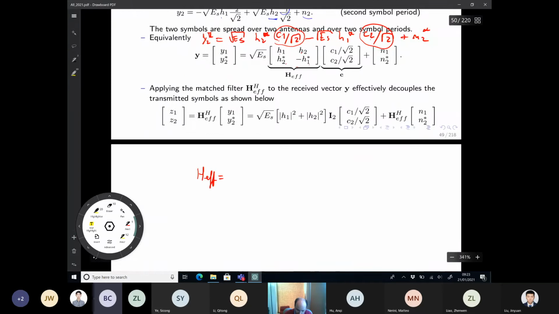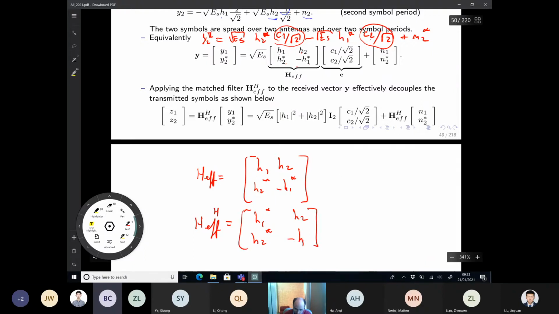H effective is H1, H2; H2 conjugate, minus H1 conjugate. And let me now write the Hermitian of this, so transpose conjugate: H1 conjugate, H2 conjugate; H2, minus H1.